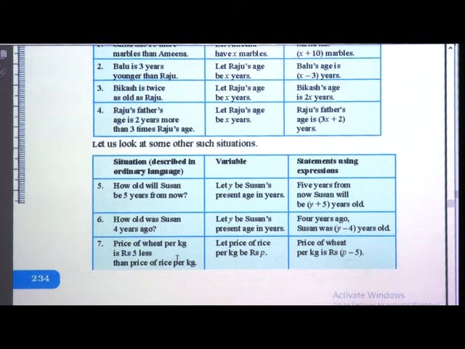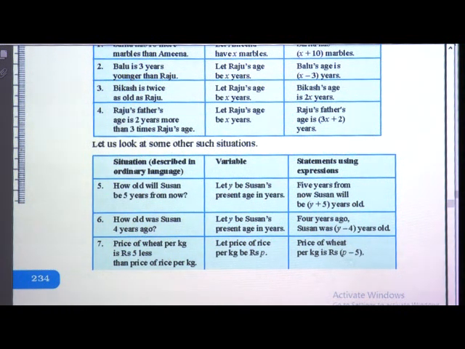Next, the price of wheat per kg is rupees 5 less than the price of rice per kg. The price of wheat is rupees 5 less than the price of rice. Do you know the price of rice? No. So let us take the price of rice as P per kg.